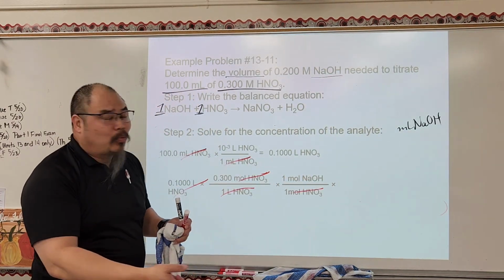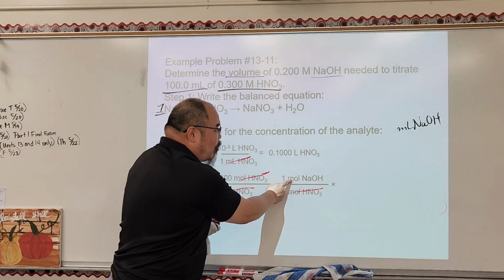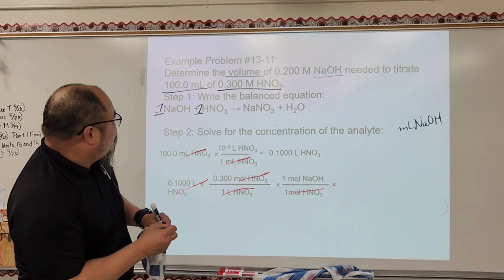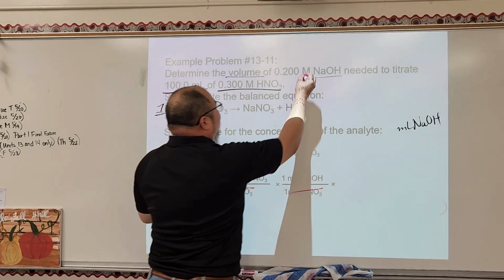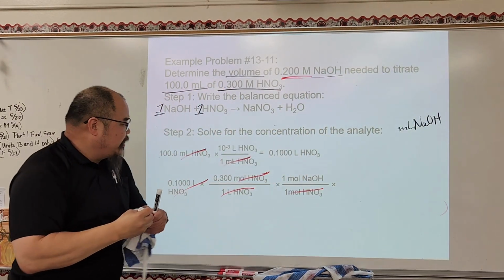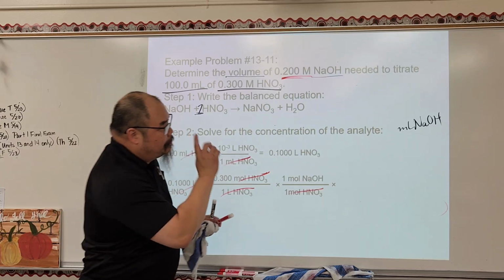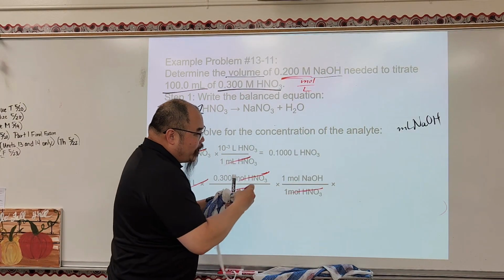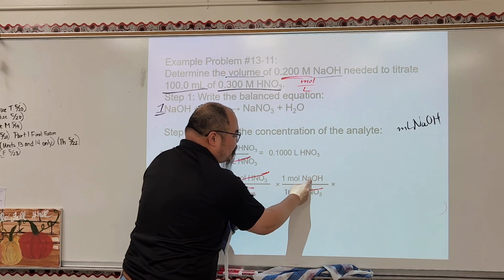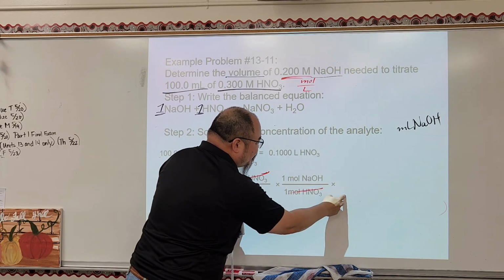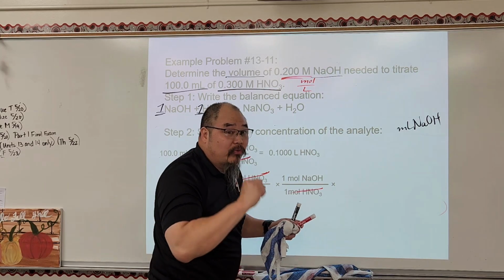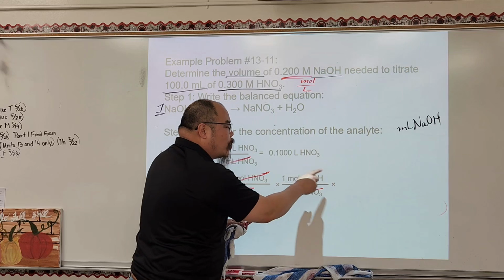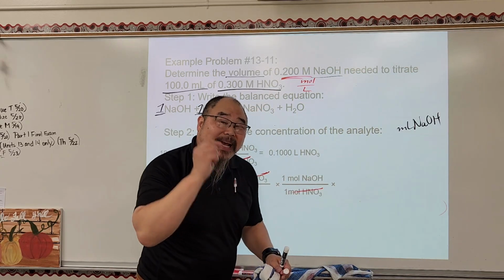We don't want moles. We want milliliters. Be careful of that. Mol versus mL. We have our molarity of sodium hydroxide there. So this time again, remember, this is moles per liter. We already have moles of sodium hydroxide on top, so we're going to have to put the moles of sodium hydroxide on the bottom in order for it to cancel out.